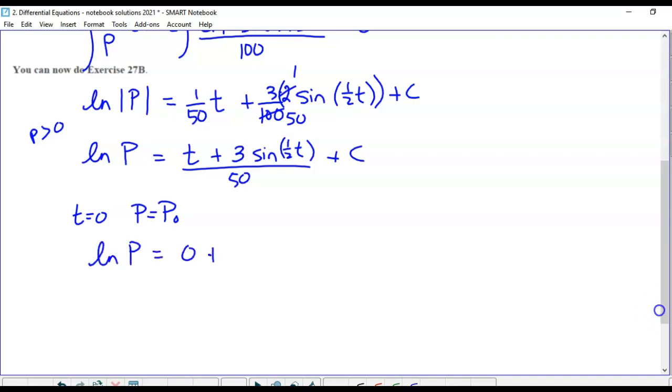We'll have 0 plus sine of 0 is 0. So that's basically ln P naught. So we substitute that in for P. 0 into the right side gives us 0 plus C. So C is ln of P naught. So now we can come up with our equation.